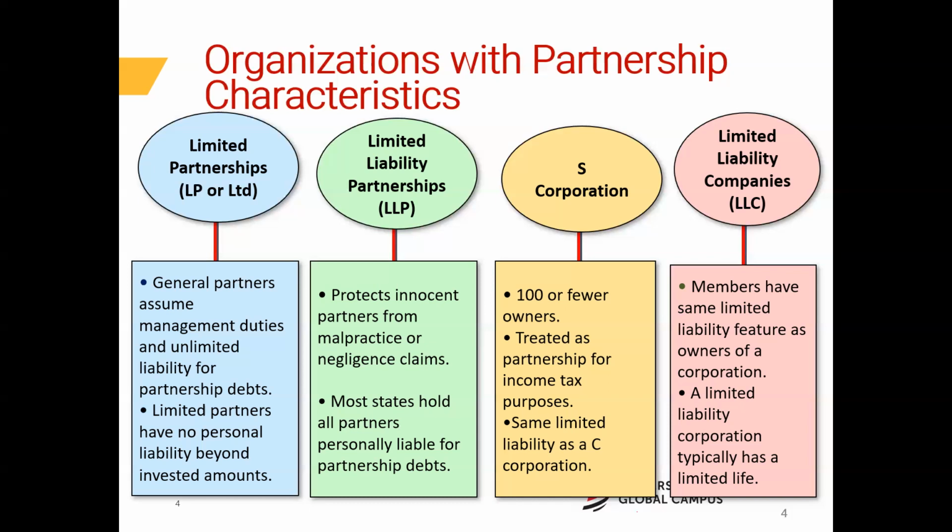This type of organization protects partners from malpractice. There's typically a malpractice insurance, also known as an umbrella insurance, that the organization takes on to protect the partners. That's very common. It's also typically itemized in the articles of incorporation.